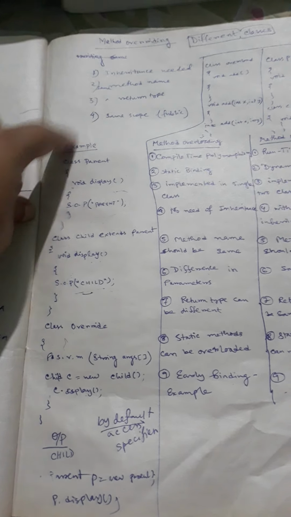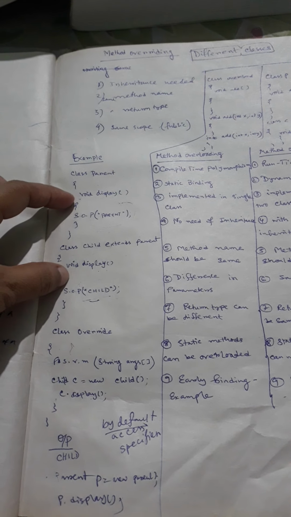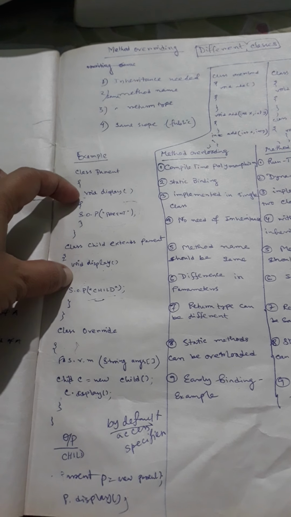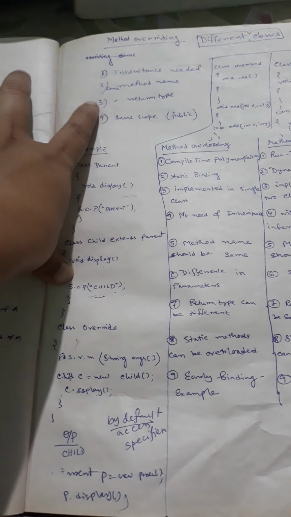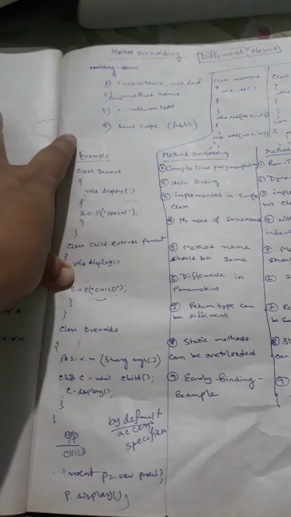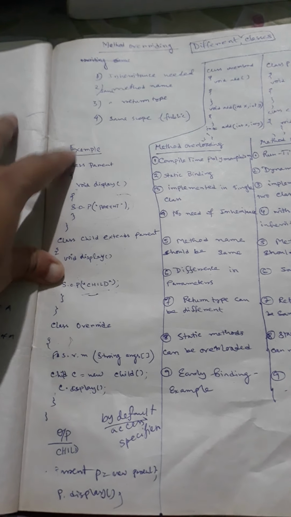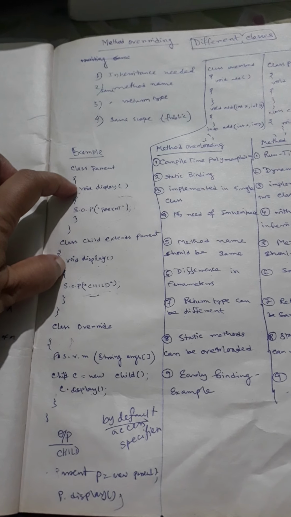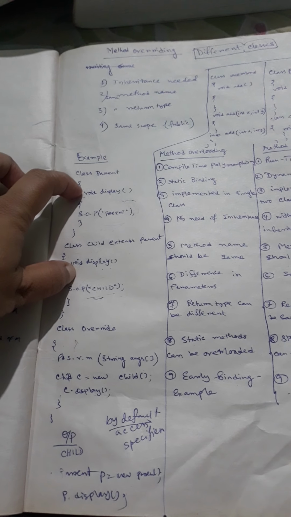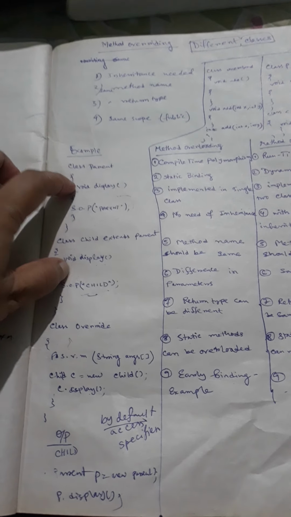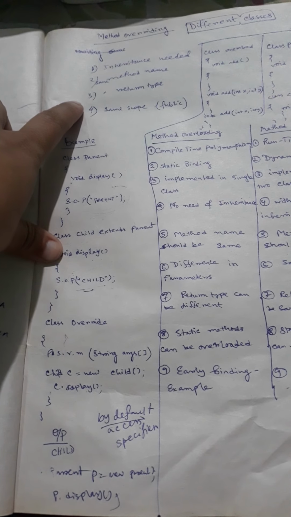Condition 2 is the same method name, void display, so condition 2 is also satisfied. Condition 3 is the same return type, void. This is the same method and the same return type, so condition 3 is satisfied.